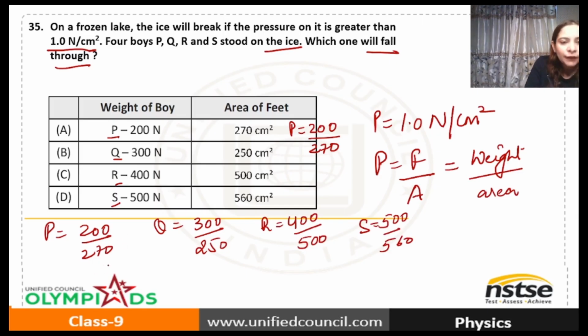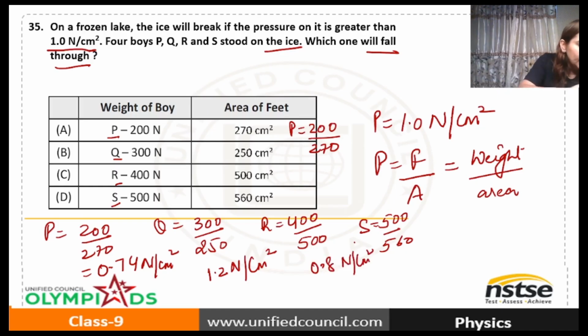In the first you will get 0.74 Newton per centimeter square. For the second case it will be 1.2 Newton per centimeter square. Third would be 0.8 Newton per centimeter square. For the fourth, I don't have the calculation ready with me, but it is about 50 by 56 Newton.